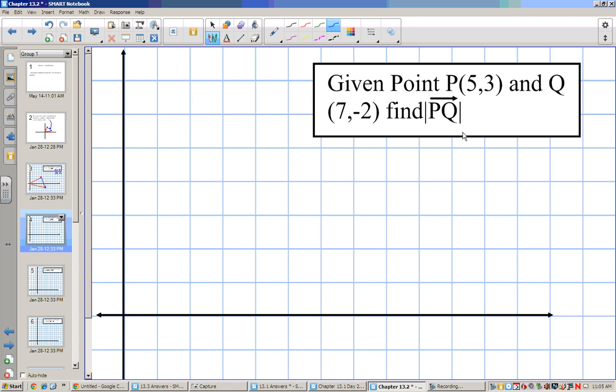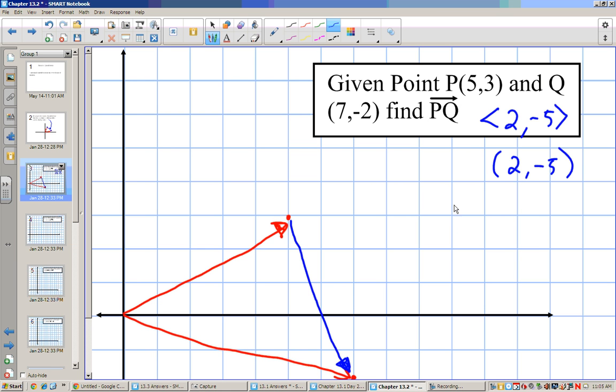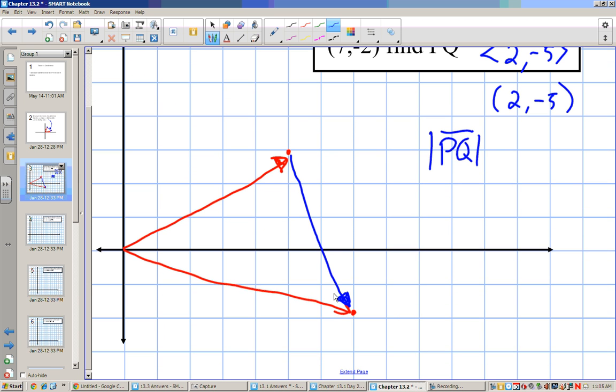Now if I want to find the magnitude, let's just go back to this previous slide because that's where it's at. My next question asks for the magnitude of PQ. So that's the distance traveled along this line. Well, if I draw out a right triangle here, we know we move 2 to the right and 5 down. So if I want to find this, I just use the Pythagorean theorem.